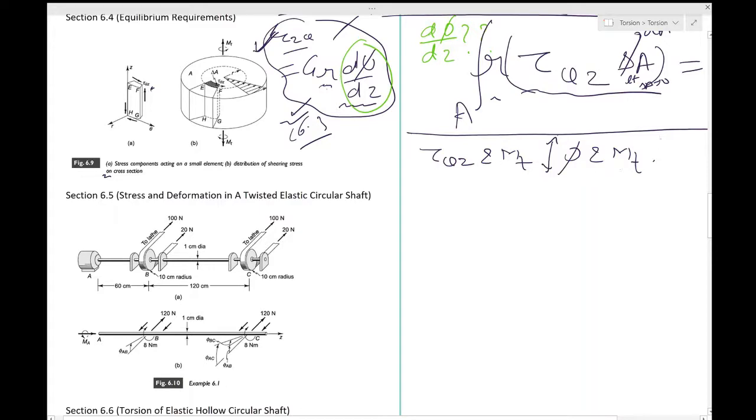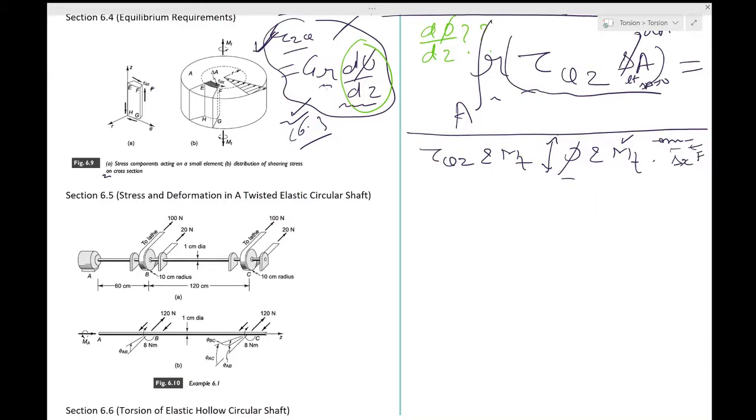Consider a spring. You would want to apply a force F, and then you want a certain delta x compression. Similarly, you would want to apply a twisting moment Mt and expect this angular movement phi.